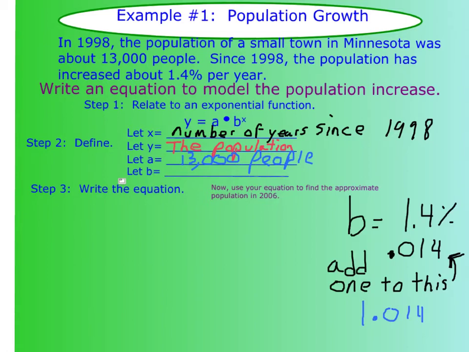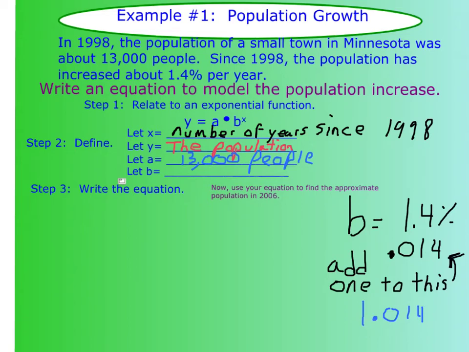All right, so I talked about that we have to talk about this common ratio, the base. Our percent is 1.4%, and if we make it into decimal form, it's 0.014. Now, this is the part. Because it's growth, we are going to have to add a 1 to this number.